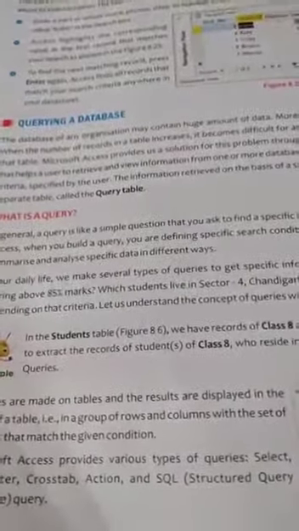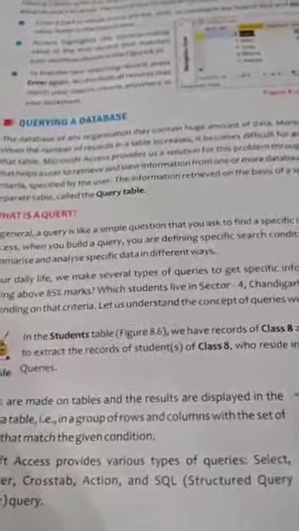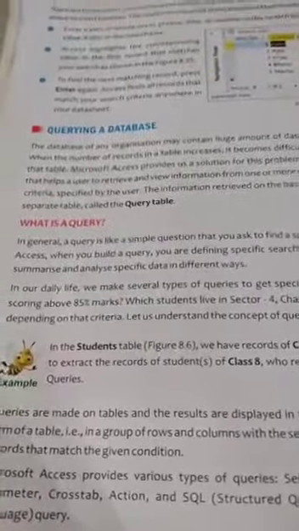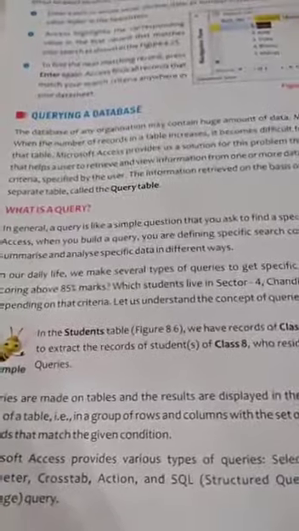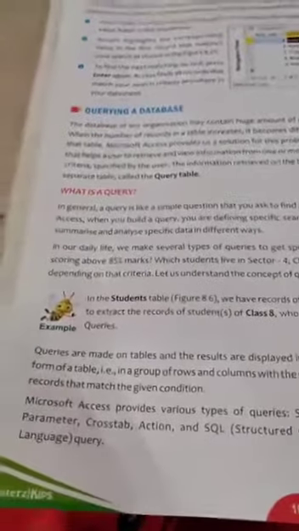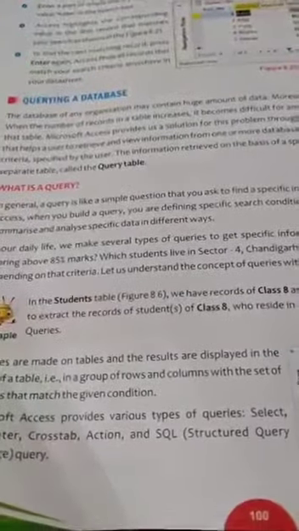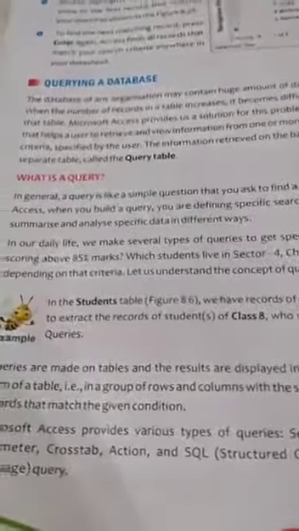So query is a database object that helps user to retrieve and view information from one or more database tables according to the specific condition or criteria that is set by the user. User को जो data चाहिए वो उसके according अपना criteria set कर देगा and query will retrieve that data and show it in a separate table that is known as query table.